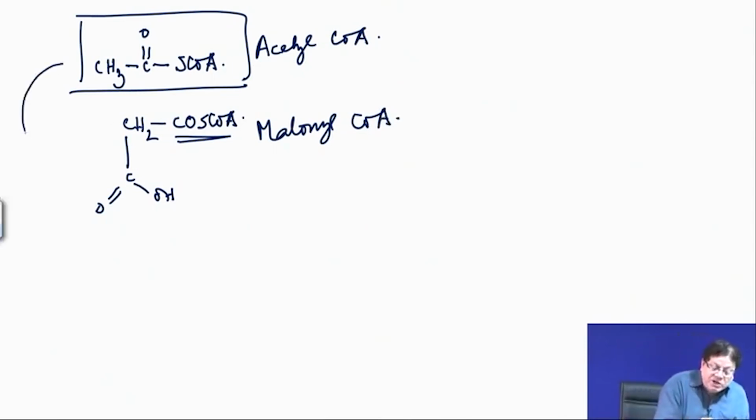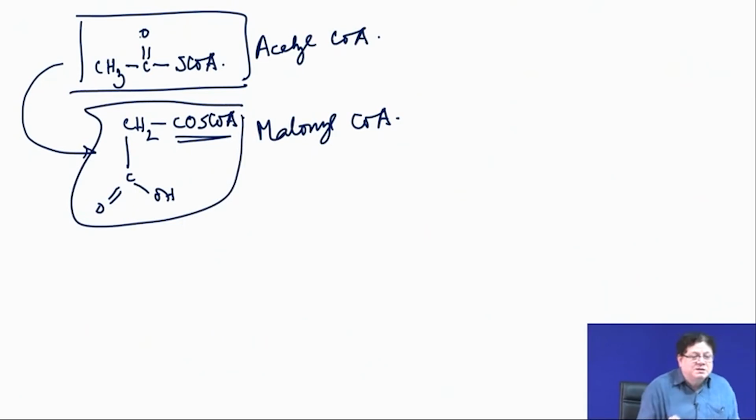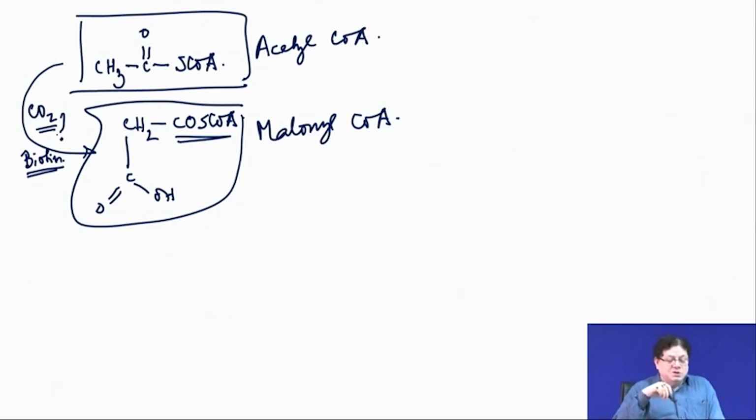Interestingly, the generation of malonyl CoA is actually from acetyl CoA via a carboxylation reaction, and this requires biotin as a cofactor. I leave the mechanism of this reaction, the biotin mediated carboxylation of acetyl CoA, for the students attending this course.